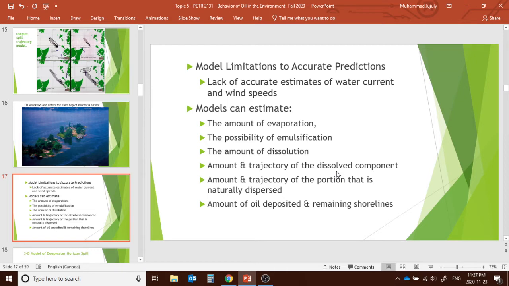But it definitely can estimate the amount of evaporation, the possibility of emulsification, the amount of dissolution, the amount and trajectory of the dissolved component, the amount and trajectory of the portion that is naturally dispersed, and the amount of oil deposited and remaining on the shoreline. So it can give a very good understanding of all of these components that we need.